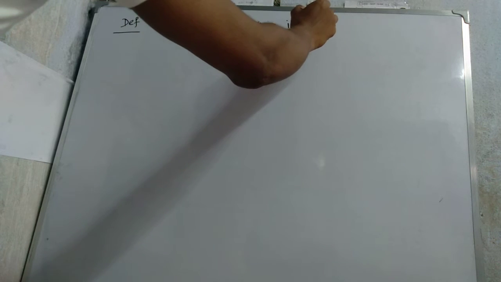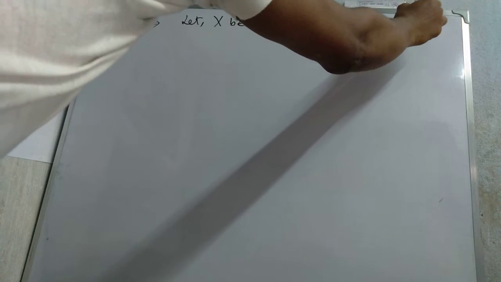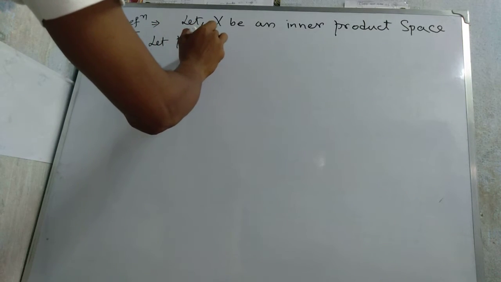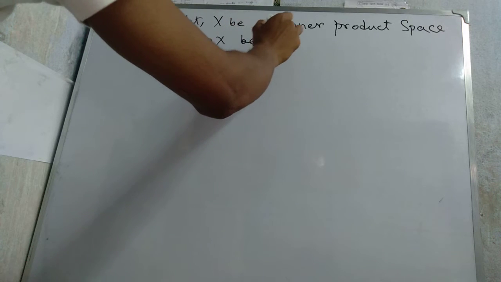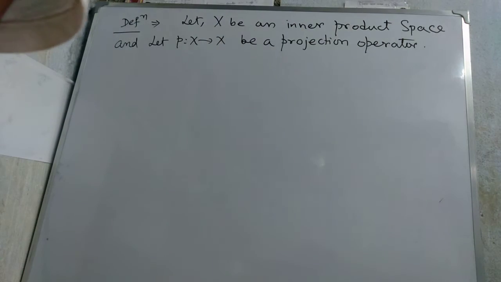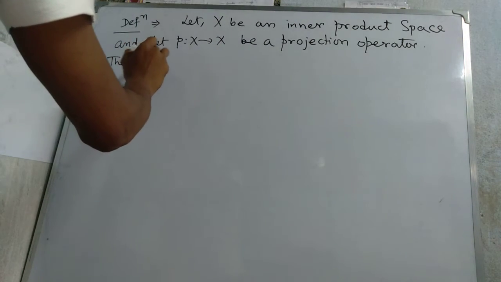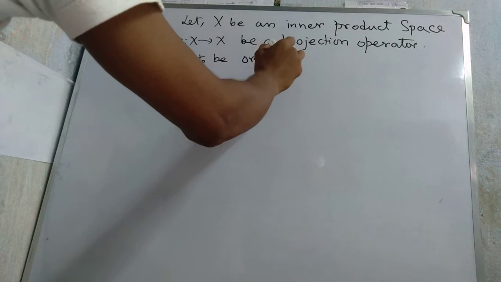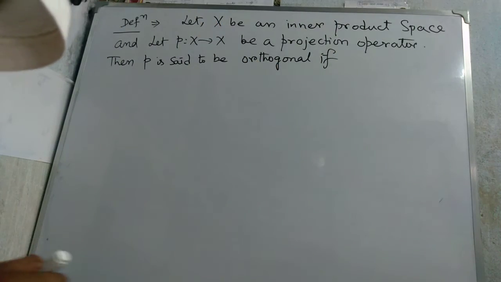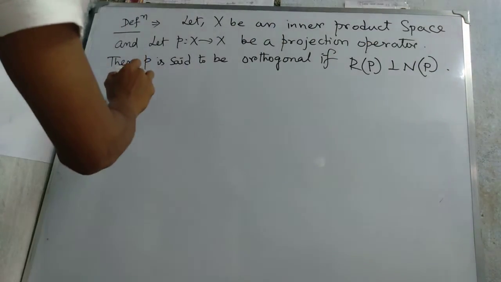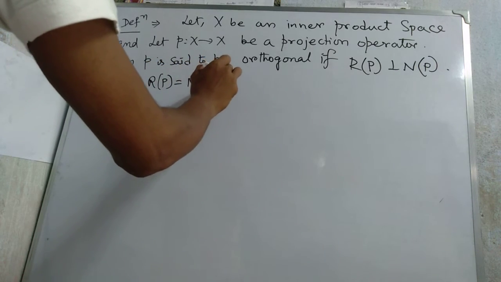Let X be an inner product space and let P: X to X be a projection operator, then P is said to be orthogonal if R(P) is perpendicular to N(P), that is R(P) equal to N(P) perpendicular.